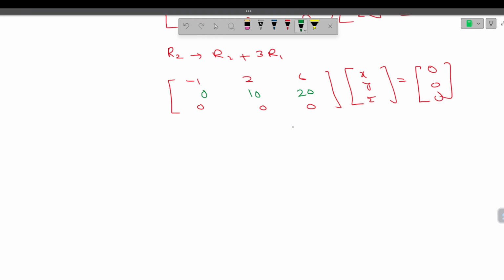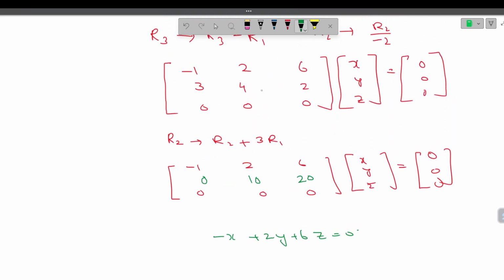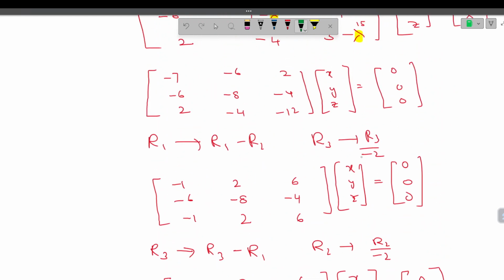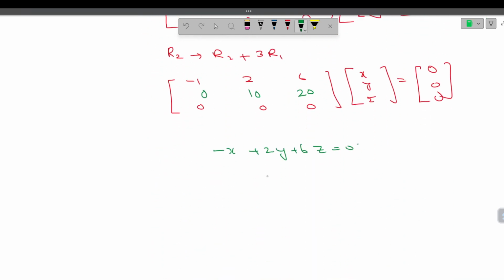Now equation number 1 is minus x plus 2y plus 6z equal to 0. Another equation is 10y plus 20z equal to 0, or y plus 2z equal to 0.